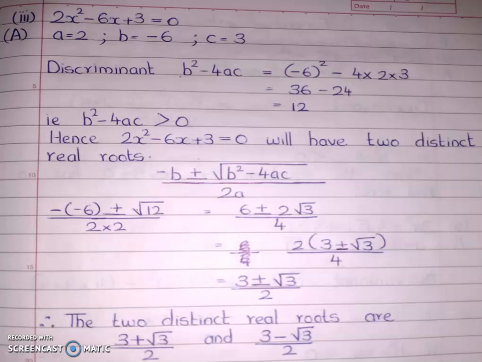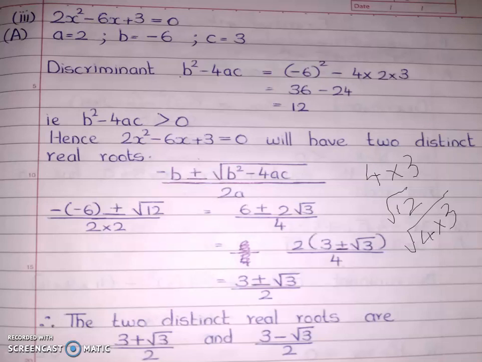How will you get that? Here 12. 12 I can write it as 4 into 3. Correct? So if I write root 12, I can write it as root of 4 into 3.